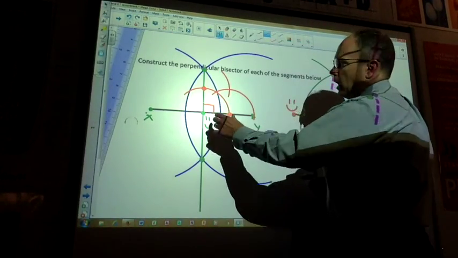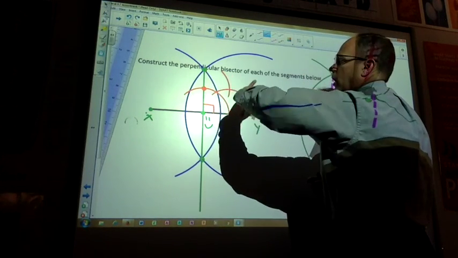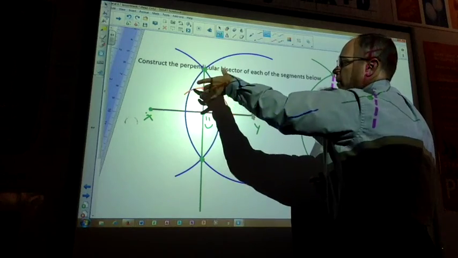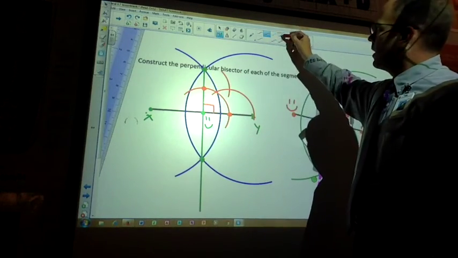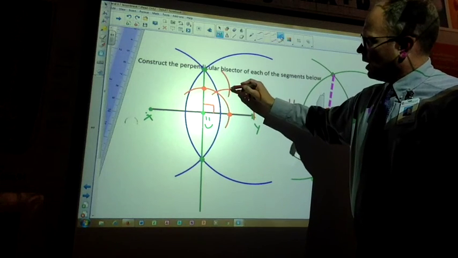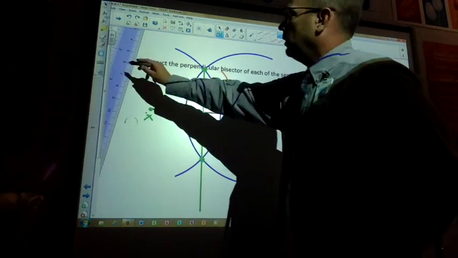So I measured this distance here, I swung an arc, and then I came here and swung another arc with that distance. From that point right here, I'm going to use my straight edge.